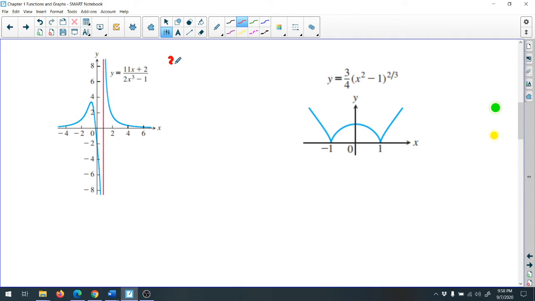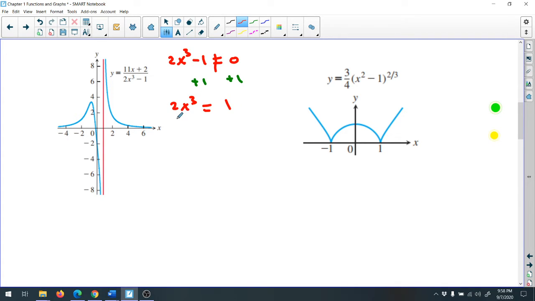So to find the domain, we need x not to equal the value that makes the denominator 0. The denominator cannot be 0. Then if you add 1 to both sides, 2x cubed will be 1.